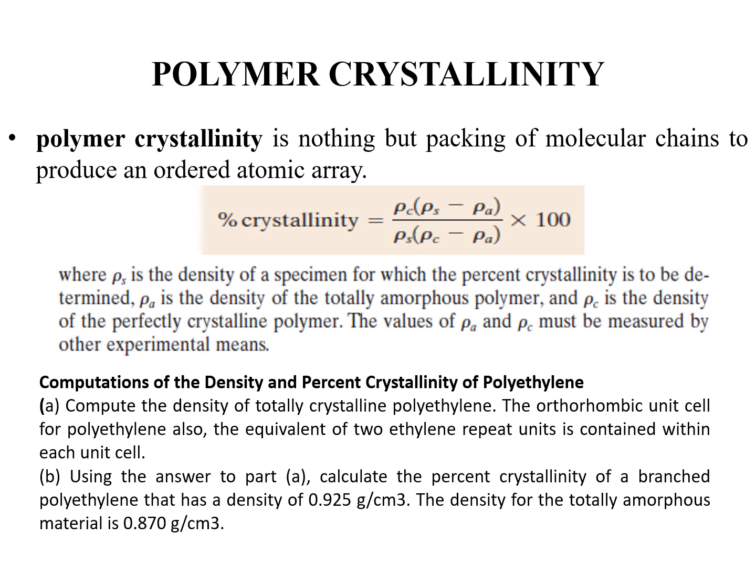Rho A is the density of the totally amorphous polymer, and rho C is the density of the perfectly crystalline polymer. The values of rho A and rho C must be measured by experiment, of course. So that is how the percent of crystallinity in a polymeric material can be found.